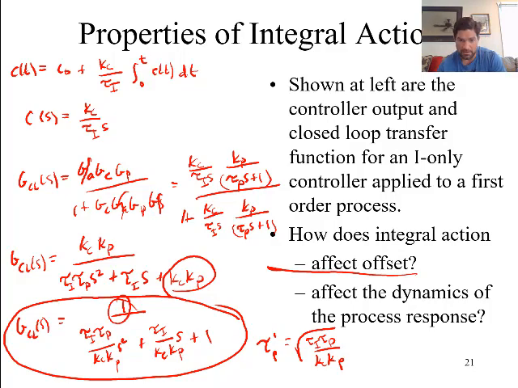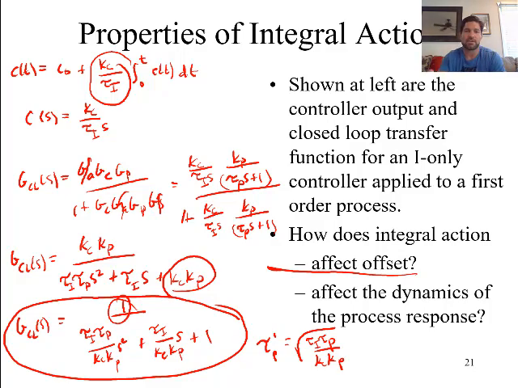This is tau p. Again, I want to point out, make note of something up here a little bit. Offset's only 1. For tau I, see how tau I is in the denominator of this term? As we decrease tau I, we make the integral term stronger. Right? This term right here becomes bigger for smaller tau I's.